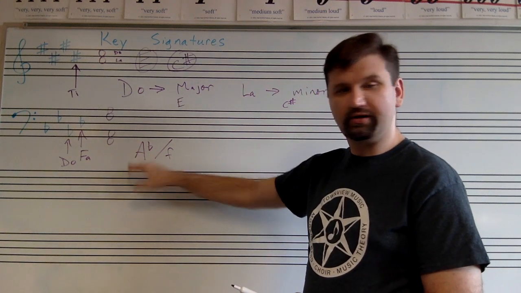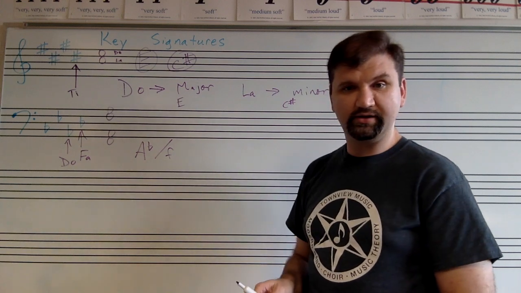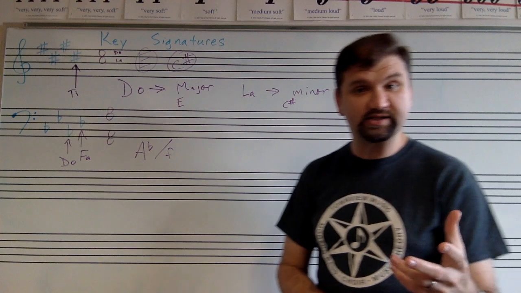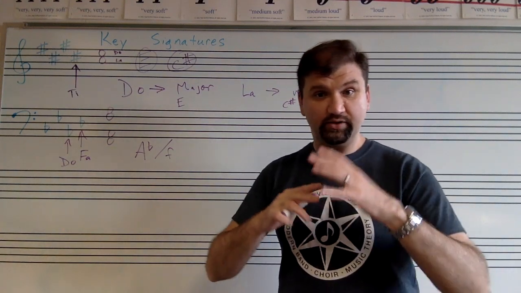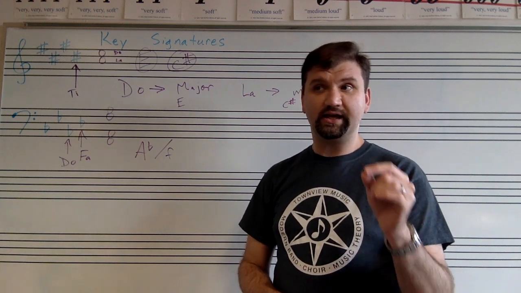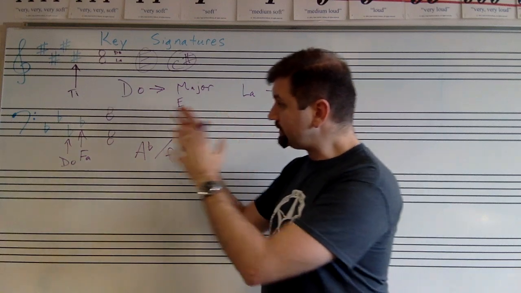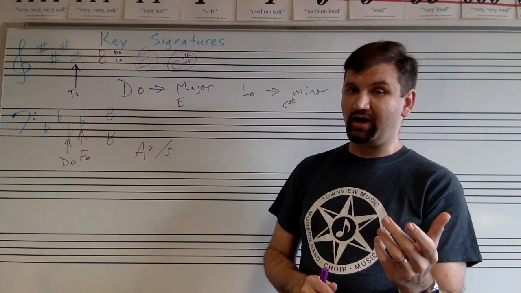Capital major, slash, lowercase minor. So even if you're not 100% confident in memorizing key signatures, or in the way the scale is constructed, you can still identify the potential keys in a piece just by looking at the key signature and finding where do and la are.